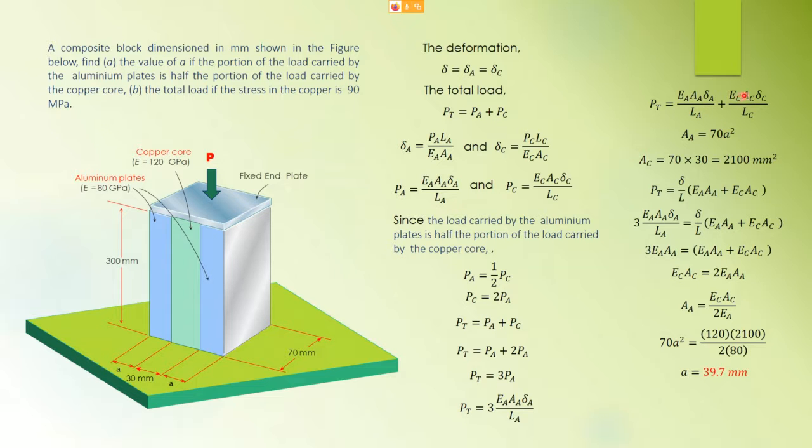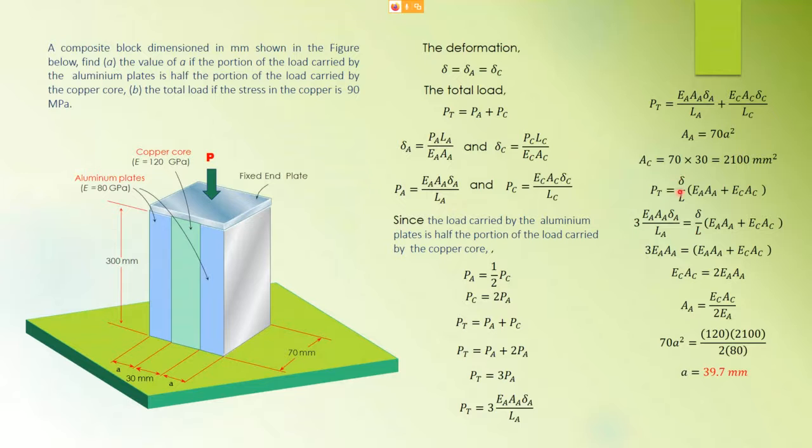Delta is the same, right? Delta for both the materials is the same. So you can extract your delta, and then the original length for both is the same, 300, okay? So that is why you can extract this and this one here out from here.